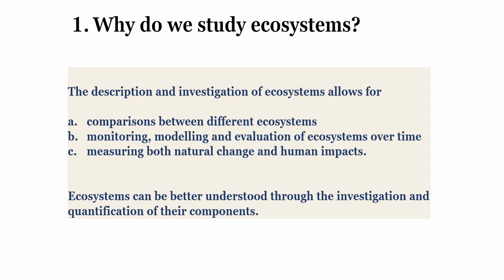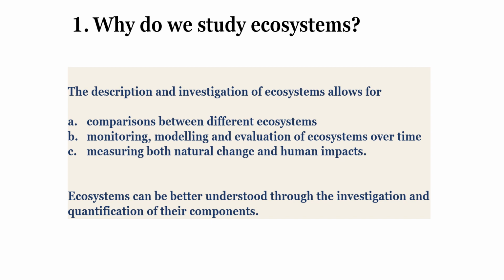So there is a natural carbon dioxide emission and there is a carbon dioxide emission because of human activities. Collectively, the study of ecosystems allows us to see the effect of natural conditions on an ecosystem and the effects of human activities on an ecosystem.